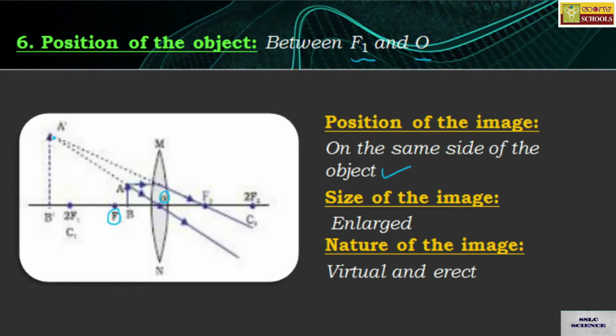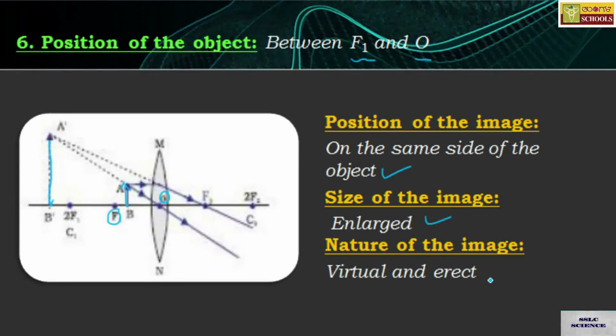Where is the object? On this side, AB is the object. So you place the object between F and O, and the image is on the same side of the object. The size of the image is enlarged.